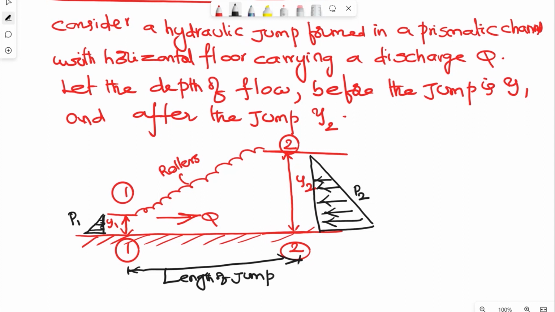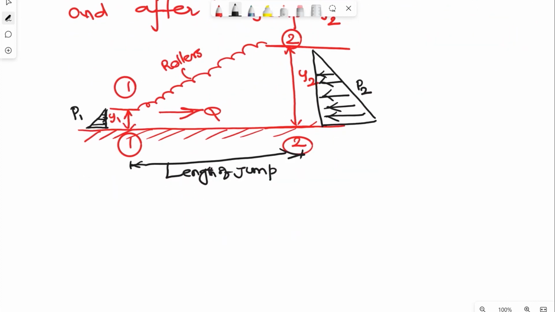Now, if I take the sections actually, at this place, if I take section 1, this is how the channel is, right? Here the depth is only a small depth. So this is y1. This is the water surface.